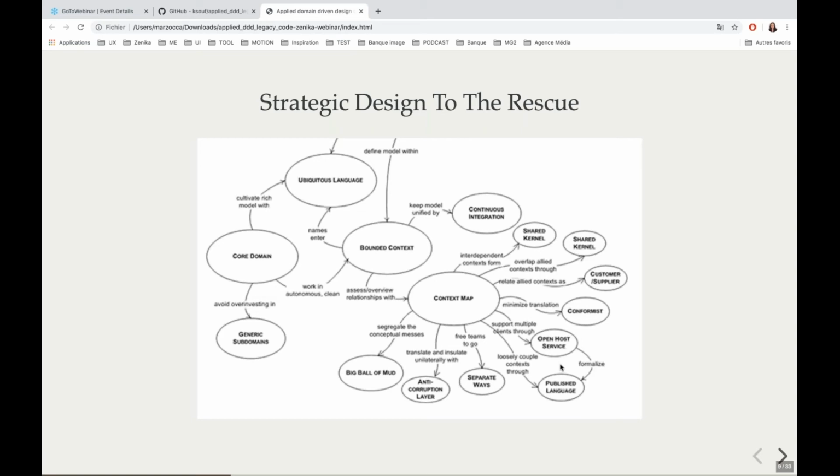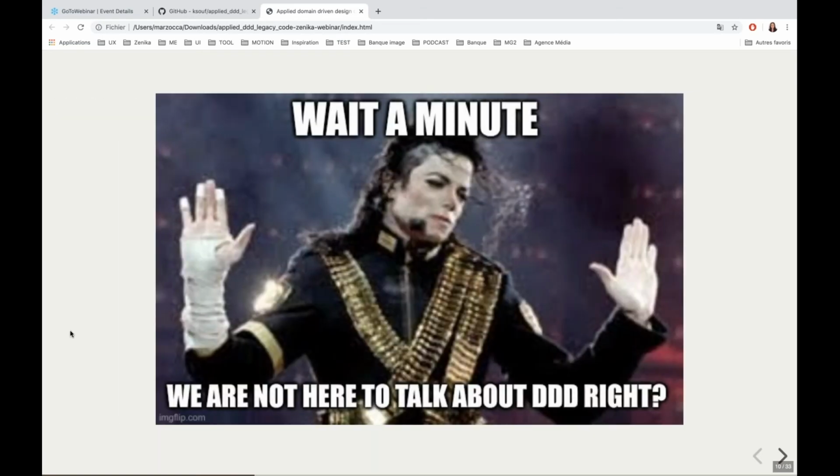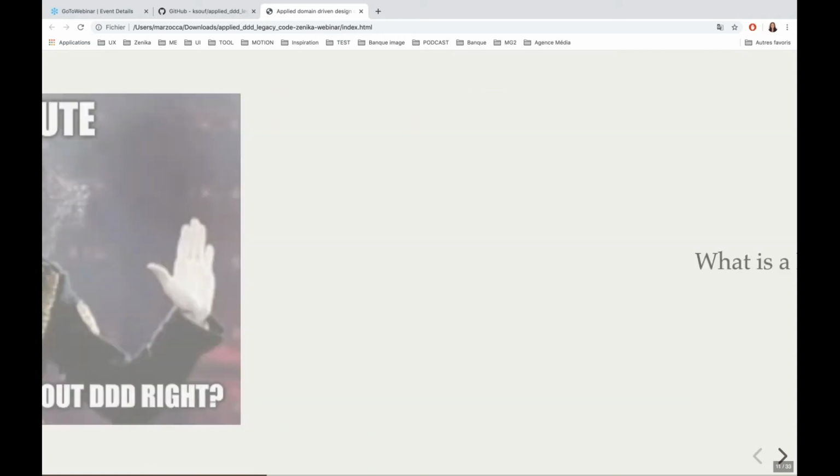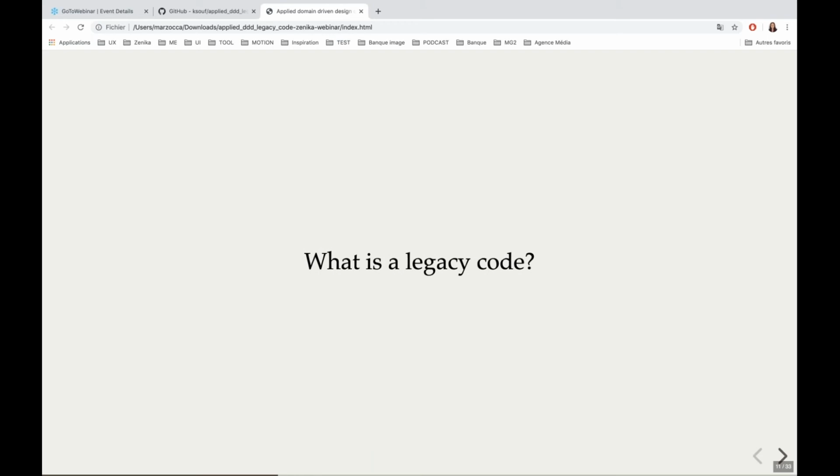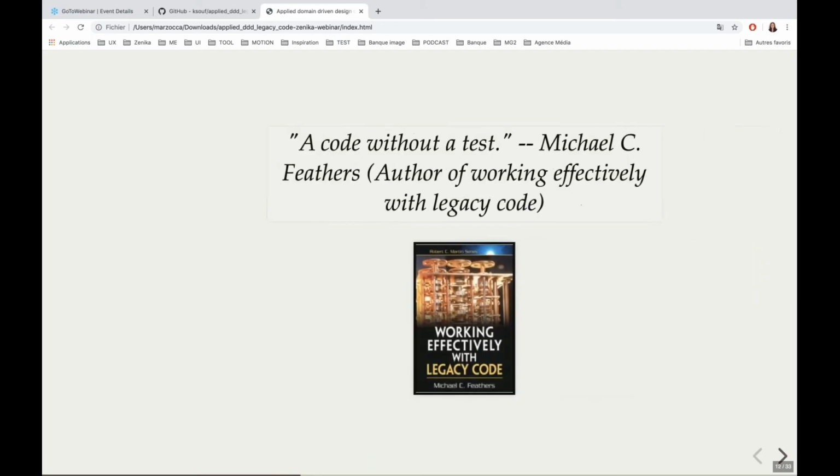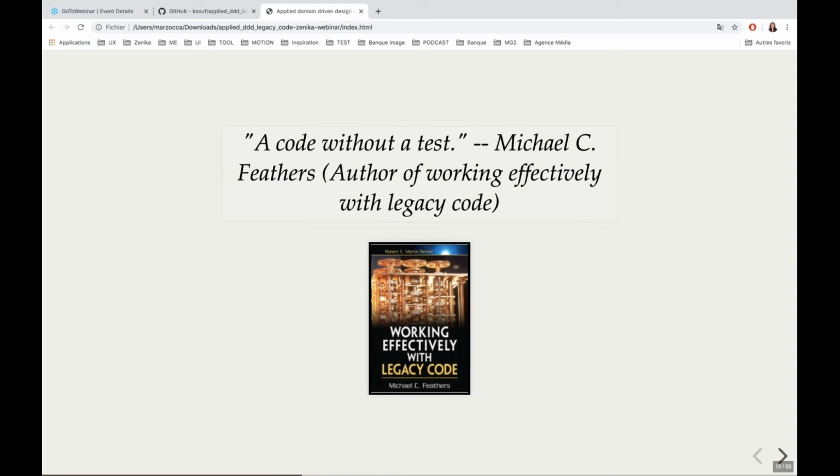So yeah, that's the good stuff about DDD, but wait a minute, we're not here to talk about DDD, right? Now we're going to talk about the other part of the subject, legacy code. So what actually is legacy code? Legacy code is, by definition, code without tests.